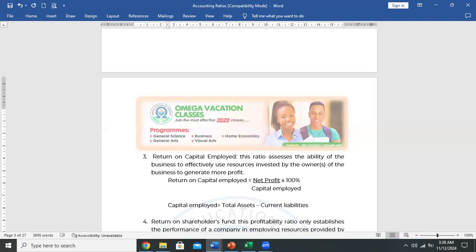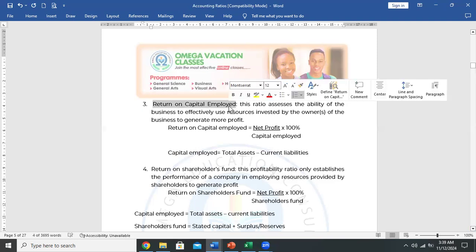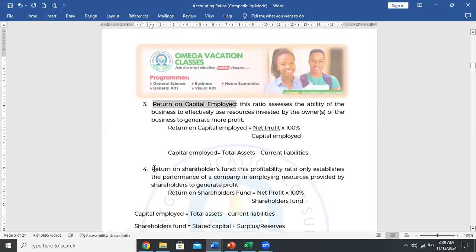Okay. Thank you. So your capital employed is your total assets minus your current liabilities. Note that down because you need it in your computations. The last one is return on shareholders fund. Actually, the third and fourth ratios are the same, but the return on capital employed is for a sole proprietor, and the return on shareholders fund is for companies, right?